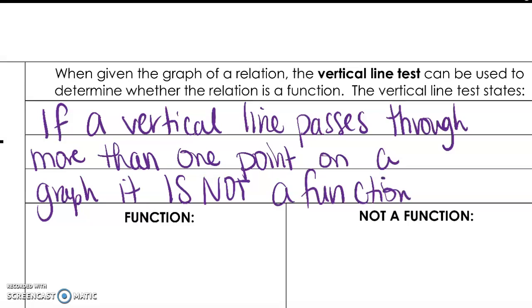And I'll explain why when we see an actual picture. So if you draw a vertical line up and down and it goes through more than 1 point on your graph, then it is not a function.